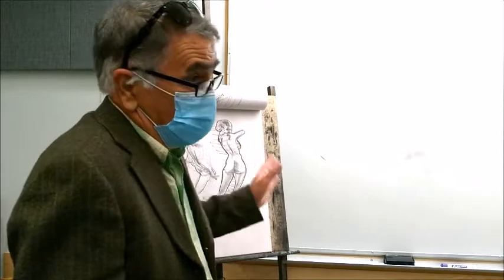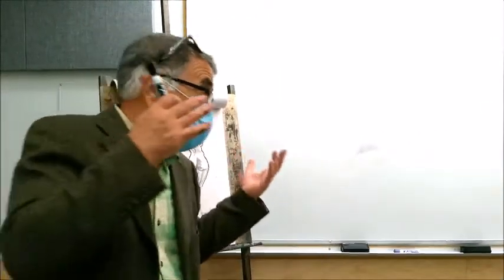Then I want to say there are good sides and there are bad sides. The good side is that it gives you accuracy, gives you the right relationship between different parts of the body. The bad side is that if you emphasize too much on that, it becomes very rigid. It becomes very lifeless.